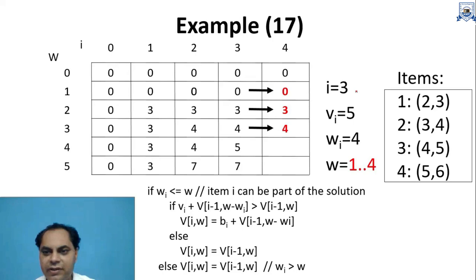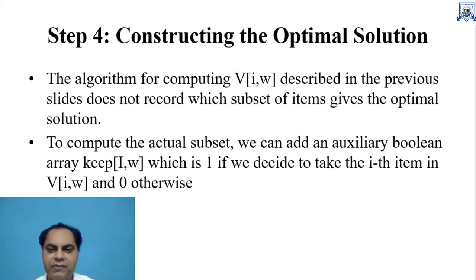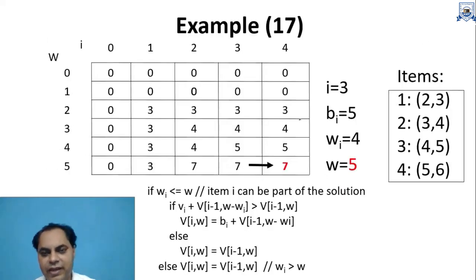If the capacity is 4, only the third item can be accommodated, resulting in a benefit value of 5. And if the capacity is 5, the first and second items provide the optimal solution, so the value is the same. In this way you can fill the whole table.